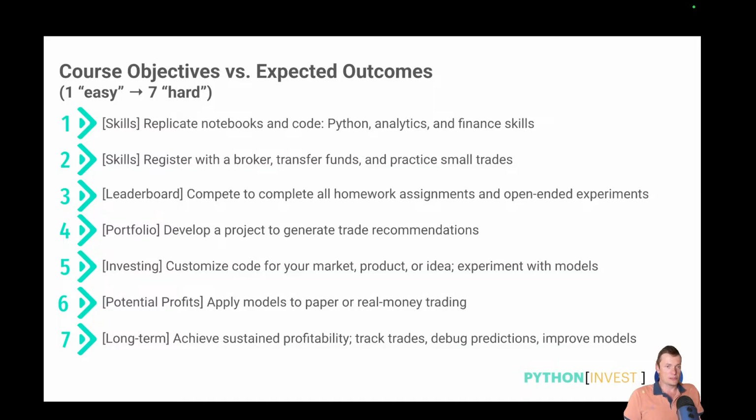And the most complicated objective is long-term sustained profitability. That you can not only develop one model, but you constantly look after this model or other models. You track your trades, you understand your mistakes, you add more features, and you start using this knowledge from today to the next few years.